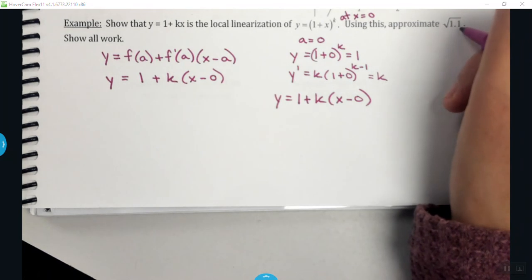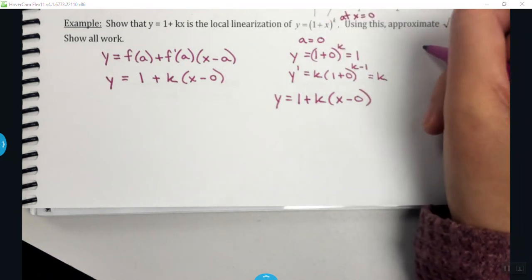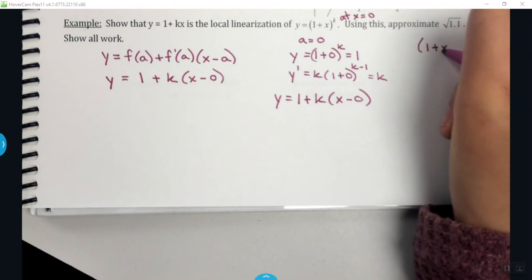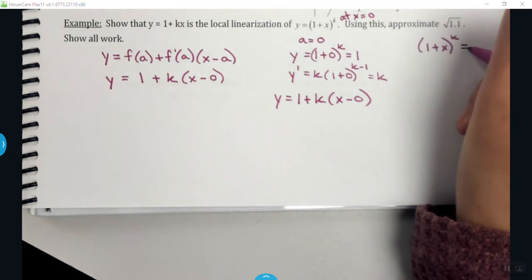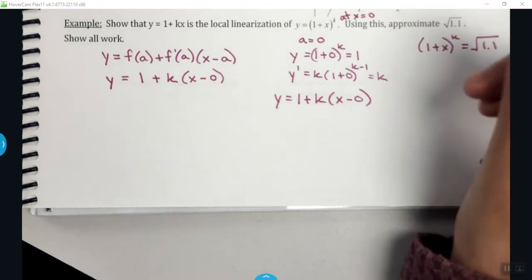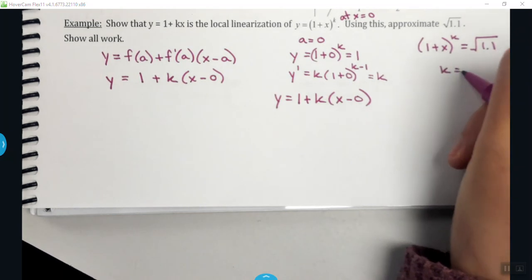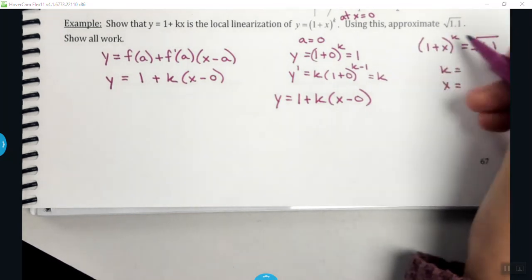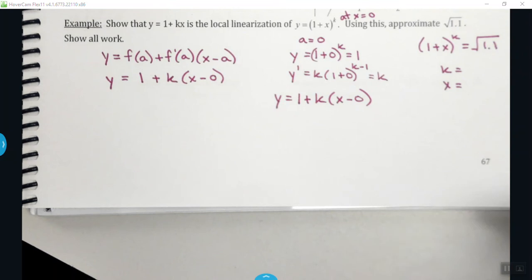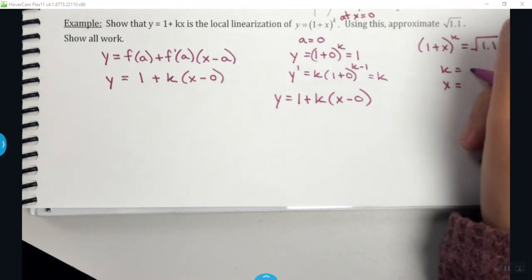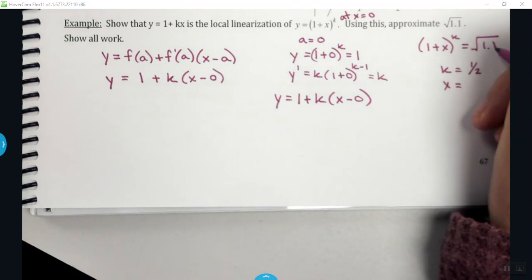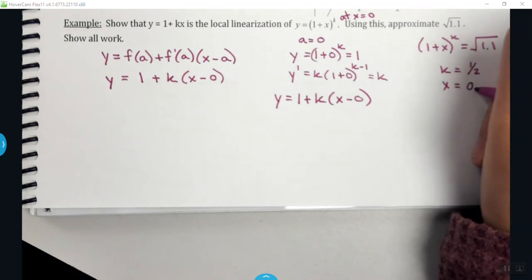Okay. If I set these two equal, 1 plus x to the k equals square root of 1.1. What should k equal and what should x equal in order for those two to be equivalent statements? k is 1/2 and x is 0.1.